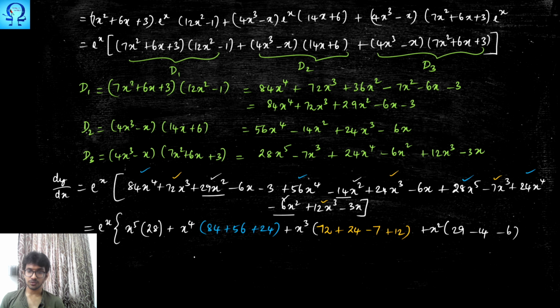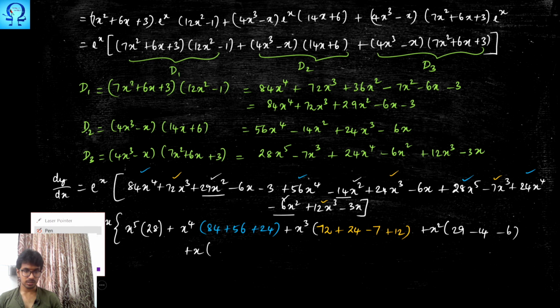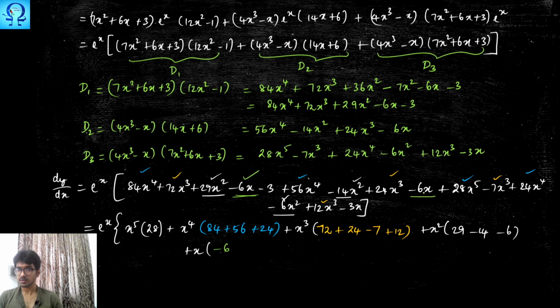Next I'll have to move to x terms. Plus x, right? Simply plus x and look for the x coefficients. I have minus 6 here. Let me do it in another color. So let me use green. Here I have minus 6. So minus 6. I am coming this way. I have minus 6 again. So minus 6.